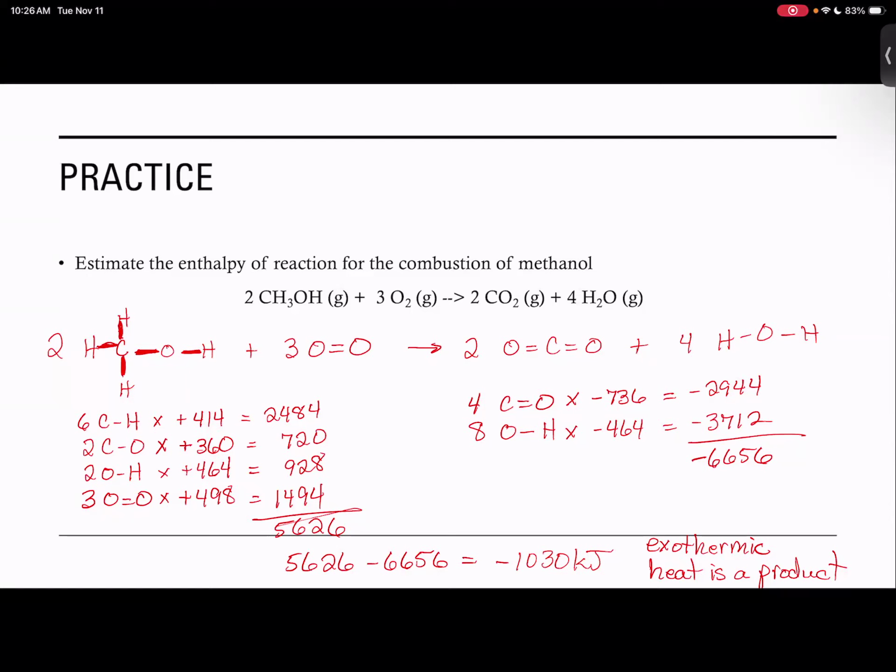Questions? So where have we been and where are we going this week? Yesterday, I introduced the concept of energy and the different types of energy and where you find energy in a chemical reaction.